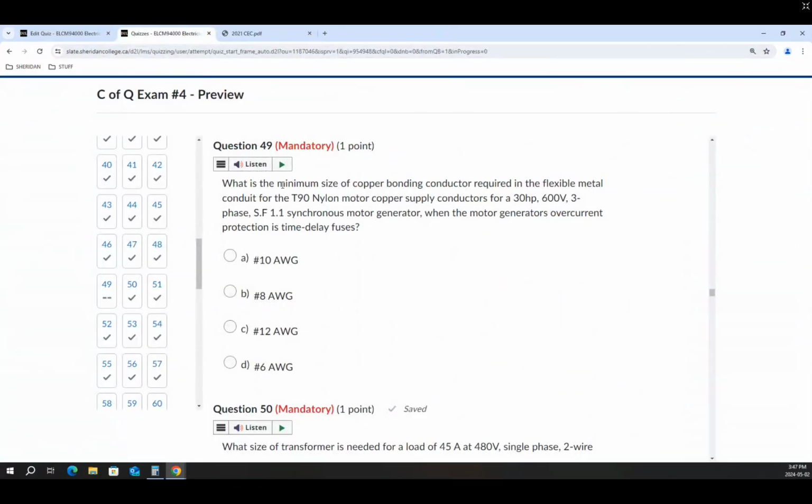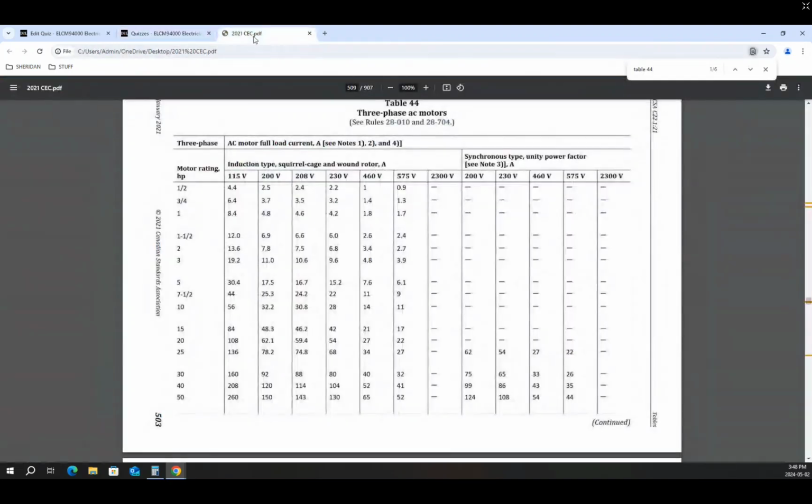Okay. Well, what's the minimum size copper bonding conductor required? So I'm going to go 28, 100.